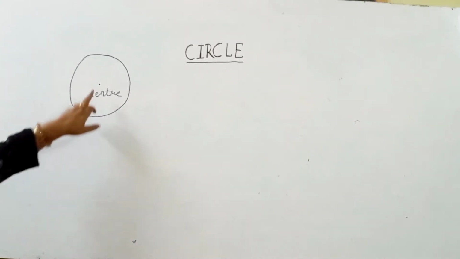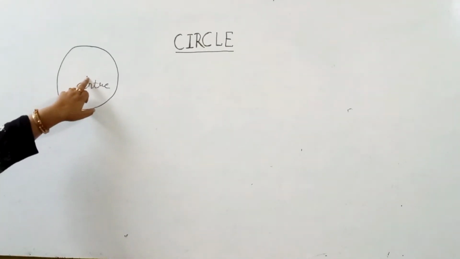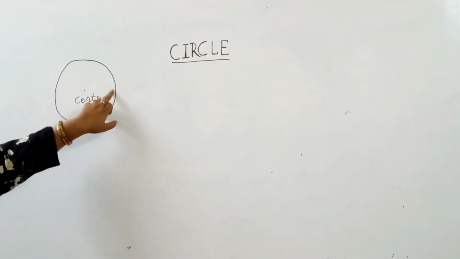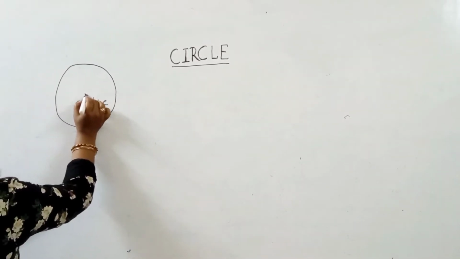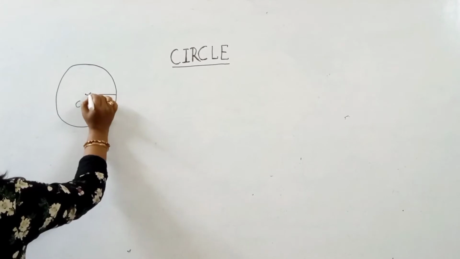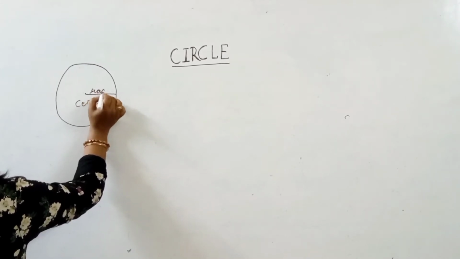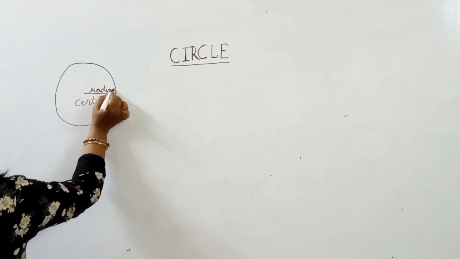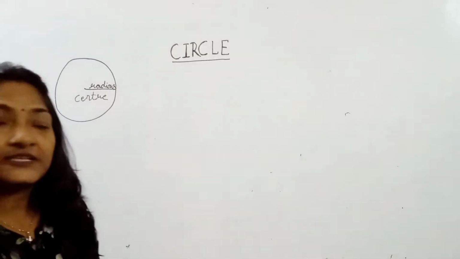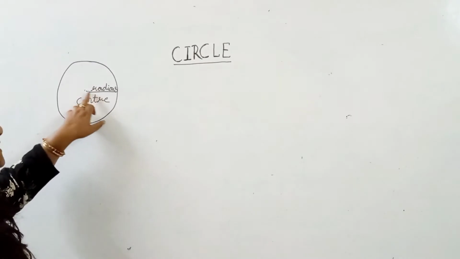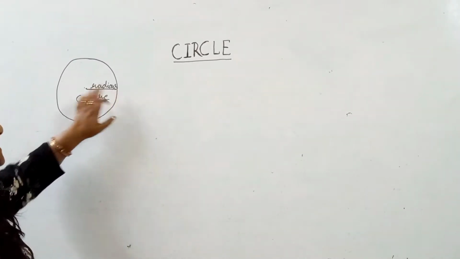Next, the distance between the center and the line of the circle is known as your radius. This radius is a fixed distance.